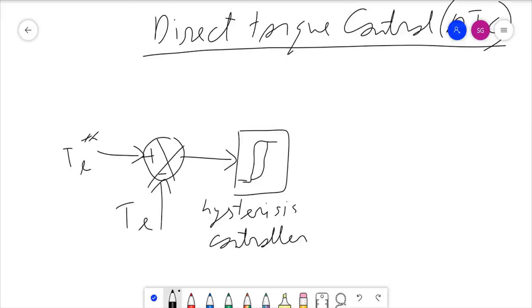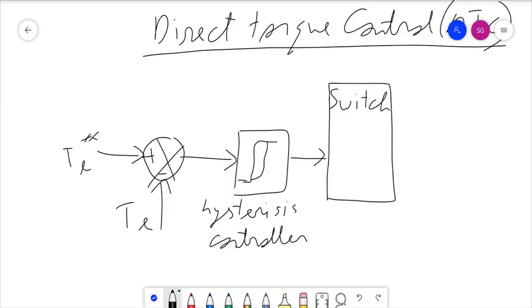So this is how it is generated. So this goes to a switch selector logic. There is a switch selector logic, means which switch need to be switched on.